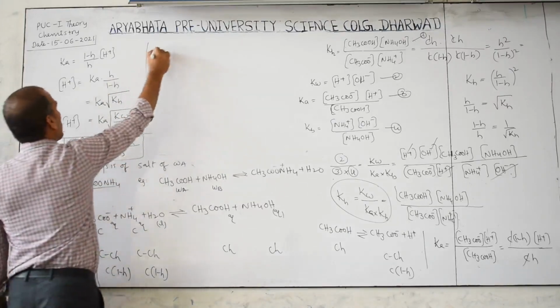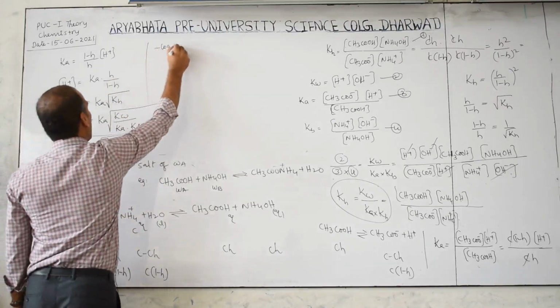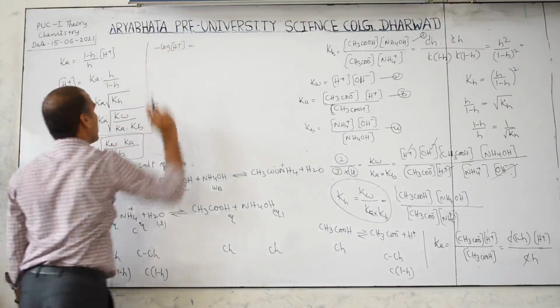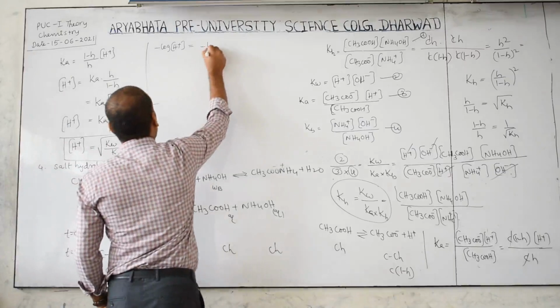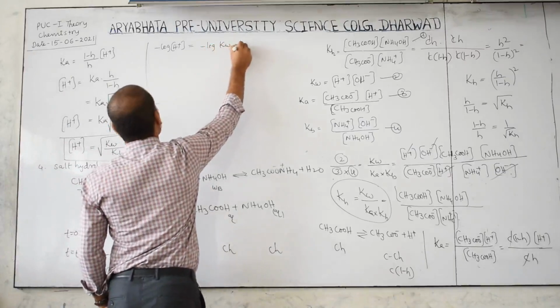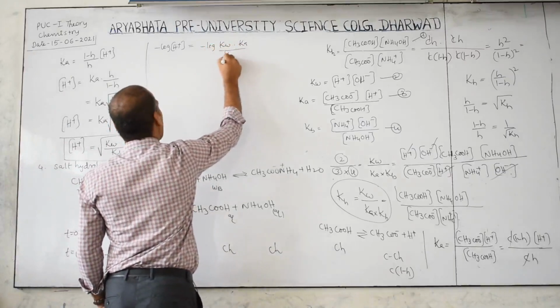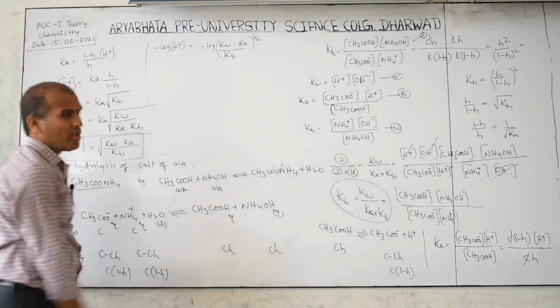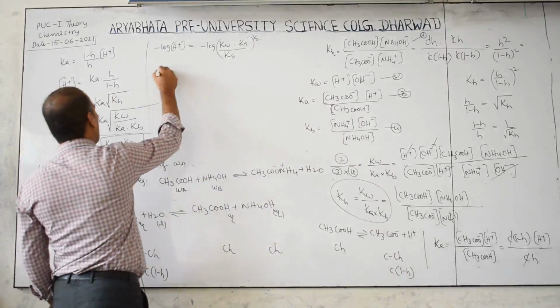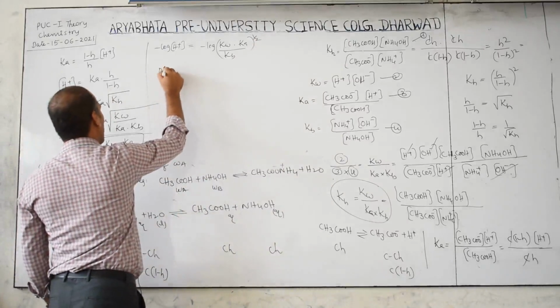Now take the negative logarithm on both sides. Negative logarithm of H plus ion concentration is equal to negative logarithm of Kw into Ka by Kb, the whole power root, which can be represented as 1 by 2. Negative logarithm of H plus is known as pH.